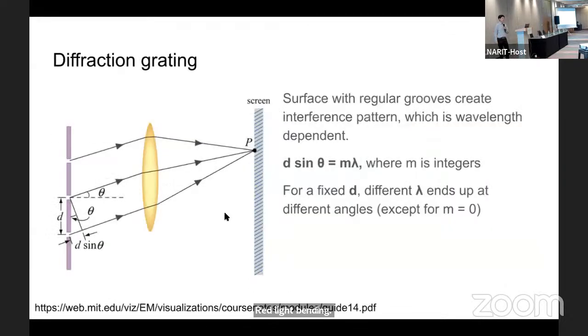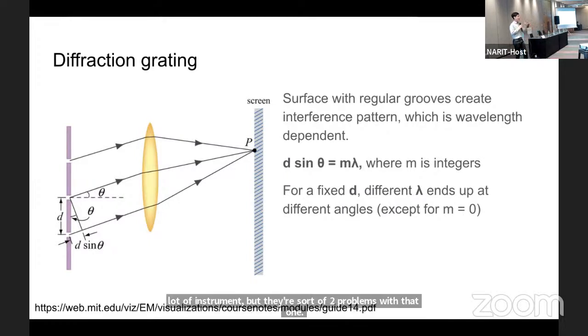Another way that we can do this is to use a diffraction grating. And this is actually the preferred way that we do it in astronomy. The reason is that prisms are still used in a lot of instruments, but there are two problems with them. One, you cannot get very high resolution, because the amount of spreading you get just depends on the property of the material, and there are only so many materials we can choose from.